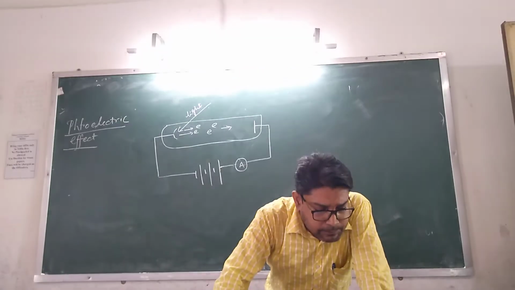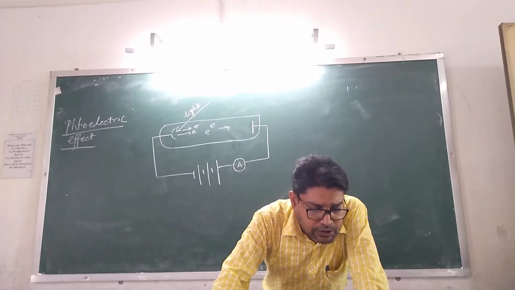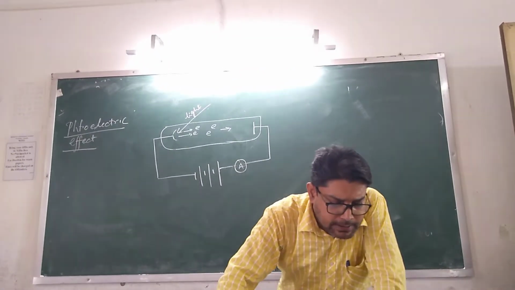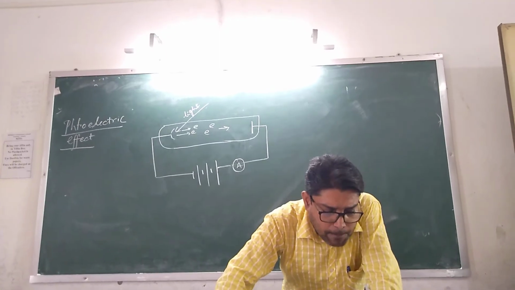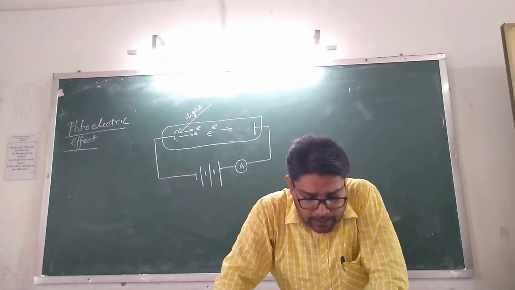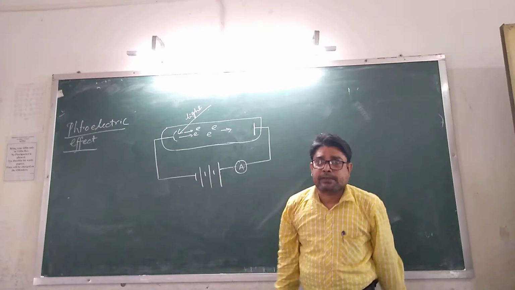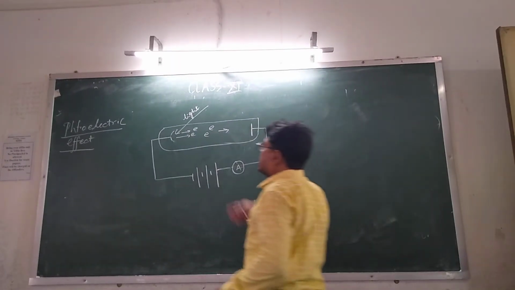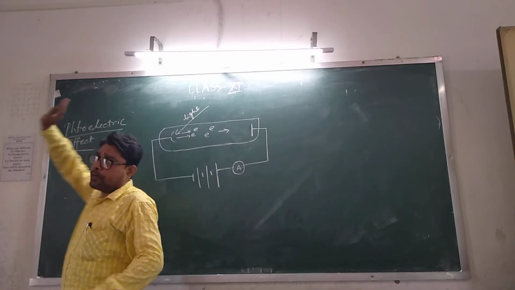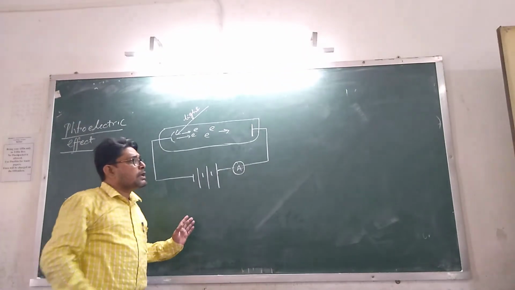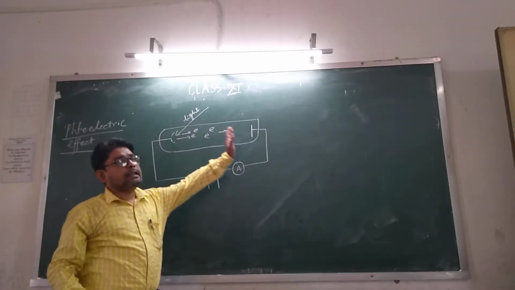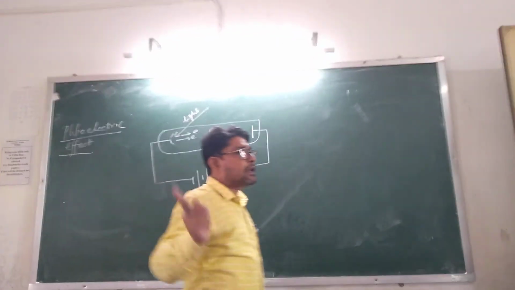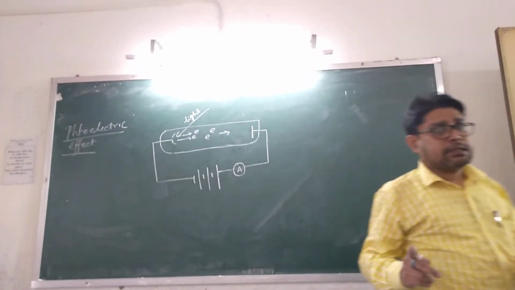And the third is, the kinetic energy of the ejected electron is directly proportional to the frequency of incident radiation and independent of intensity. The kinetic energy of the ejected electron is dependent directly upon the frequency. Wherever the frequency is high, the kinetic energy of the ejected electron will be high. It is not dependent upon the intensity of the light.